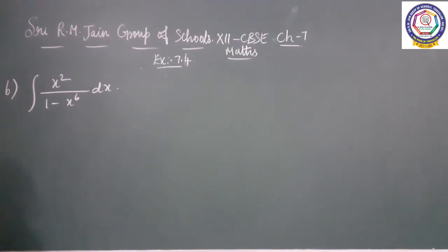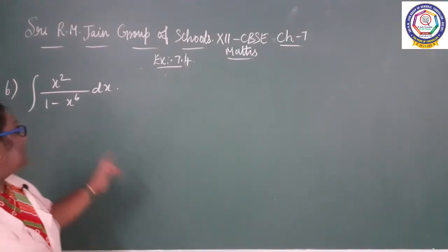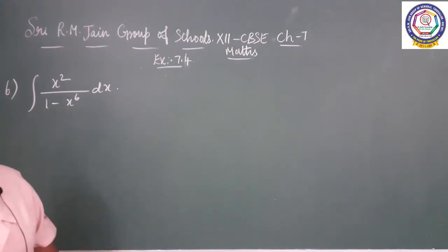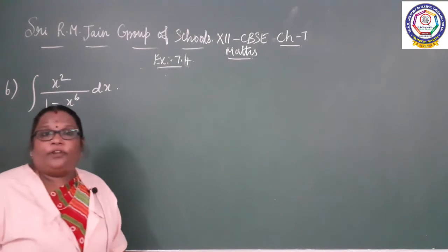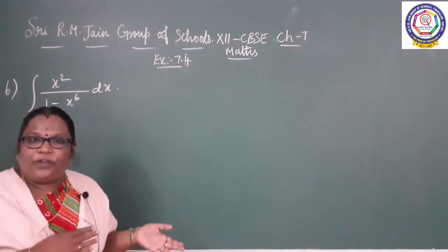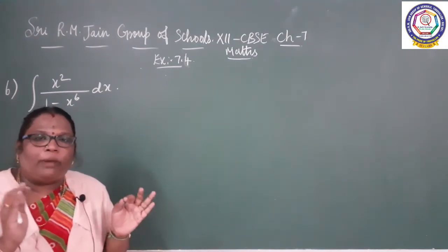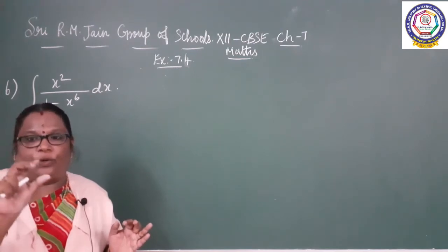See the sixth sum, integral x square by 1 minus x power 6 into dx. When you differentiate x cube, you get 3x square. You don't mind about the constant term; you can think about the power x square.